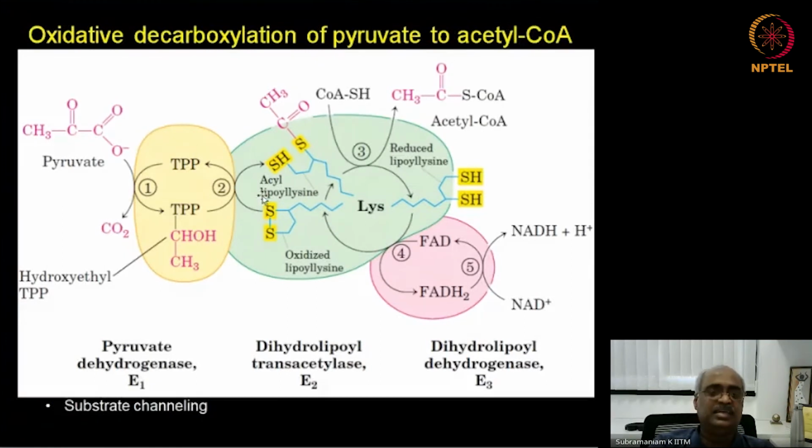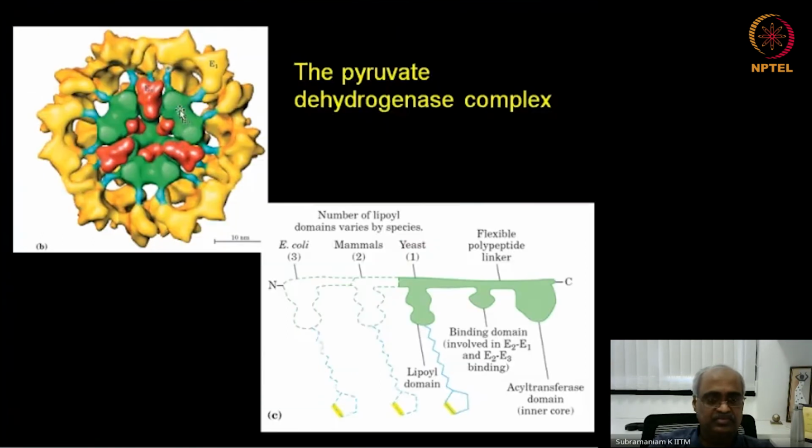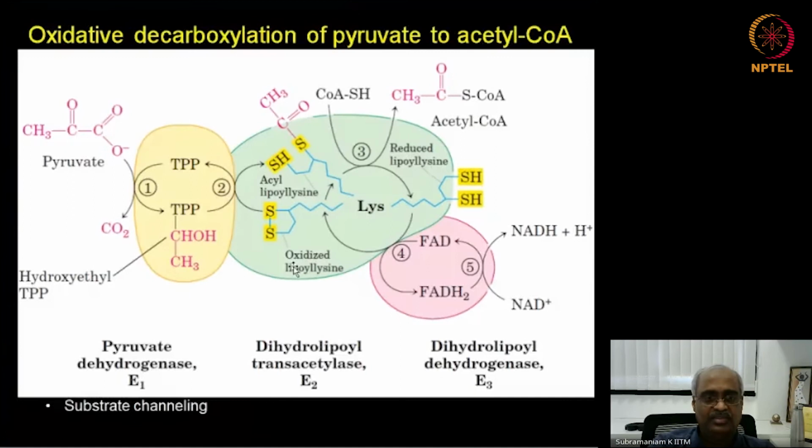So this is done by the second enzyme, which is this huge complex of 60 subunits, this green stuff, and that is the dihydrolipoyl transacetylase. Transacetylase because it takes the acetyl group from here, and then in the next step it is transferred to coenzyme A.